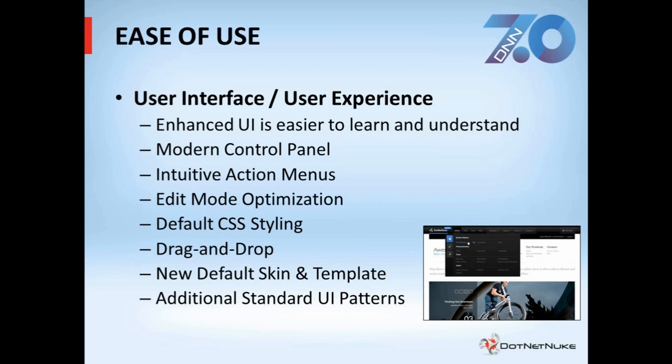A feature that we'd had in the platform in the past, at least in a limited form, was drag and drop. This is a feature that is mostly appreciated by non-technical users in terms of a capability they can use to administrate their website very simply and easily. This feature was not included in the DotNetNuke 6 releases, and we've brought it back. But we haven't just brought it back in the way that it existed before in the platform. We've actually brought it back in a much more substantial manner.